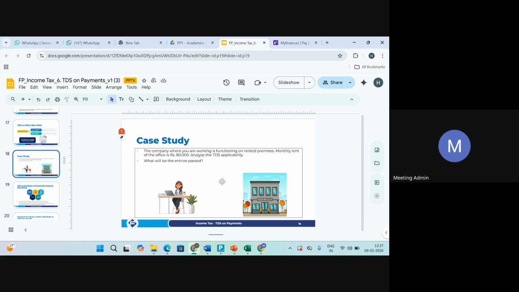Now you can tell me. Okay, let me tell you. Rent account debit to rent payable account. That will be the due entry you record in the journal, and for the payment entry, rent payable account debit to ICICI Bank or whichever bank you are going to pay from. Is that clear?